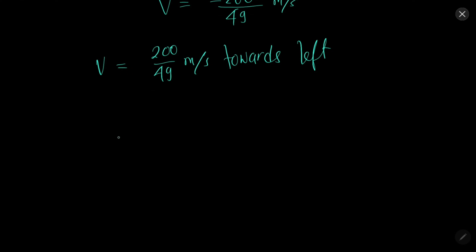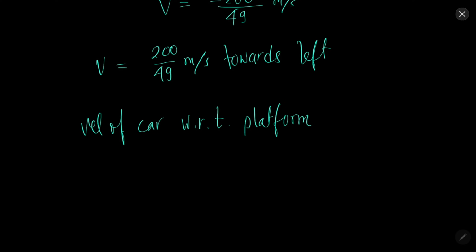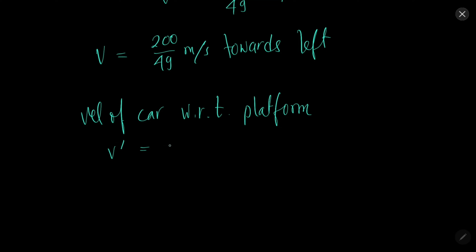Now when another shell is fired, the velocity of the car with respect to the platform will be v dash equal to 200 over 49 meter per second towards left.